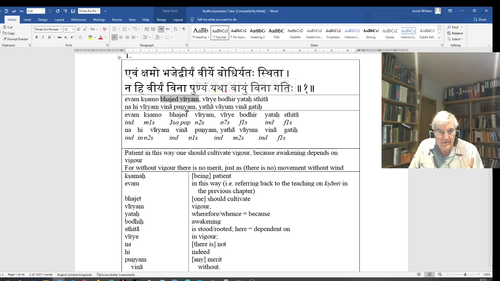So viryam, you'll see, is marked here as N2S. It's a neuter noun. This is the accusative, and it's singular. Now, the mere fact that it has the same form in the nominative, we ignore for these purposes, because here you're being told this is being used in the accusative position, because it's the direct object of the verb bhajed, bhajed with sandhi, bhajed viryam.